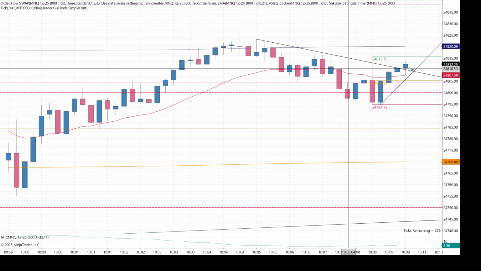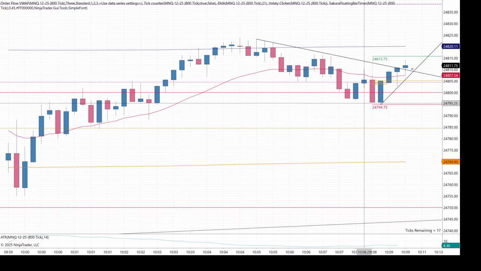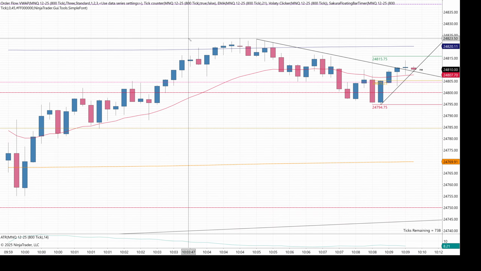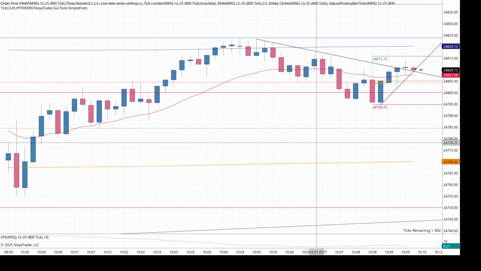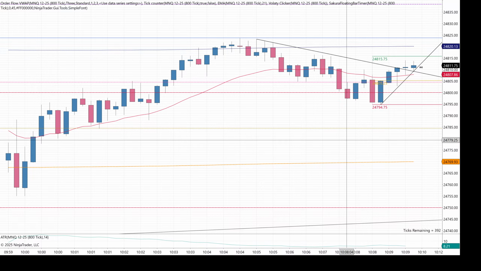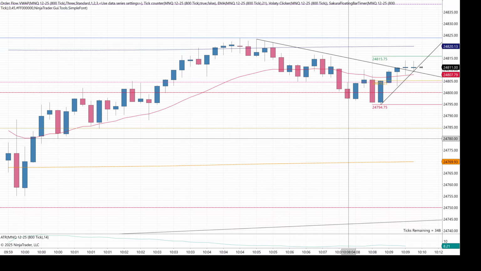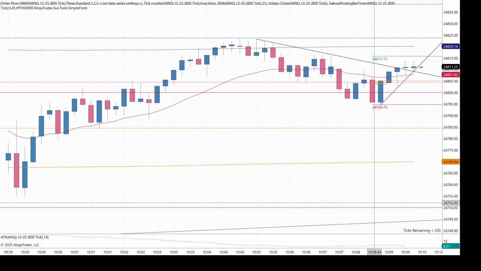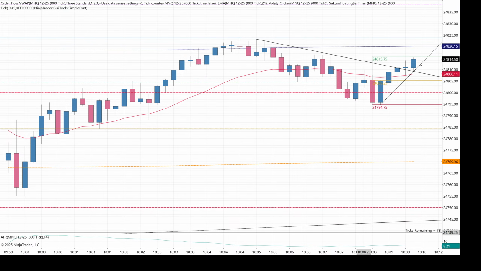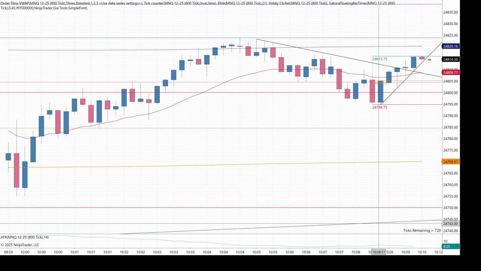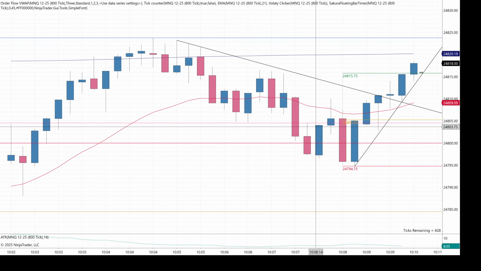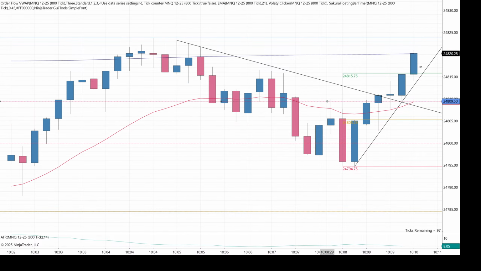Okay, we're finally breaking through this downward trend line here. I will mark the high up there. Okay, it did hit target. Keep track of the runner.